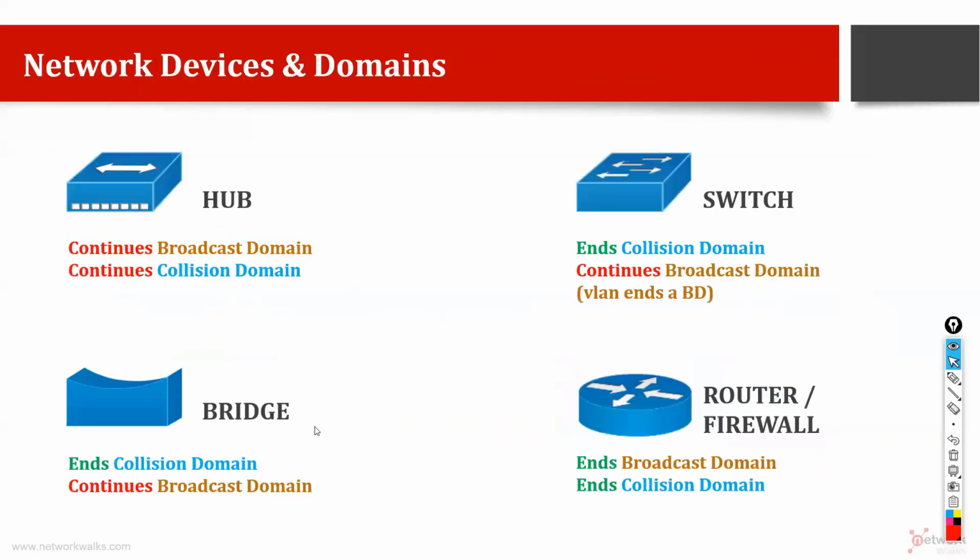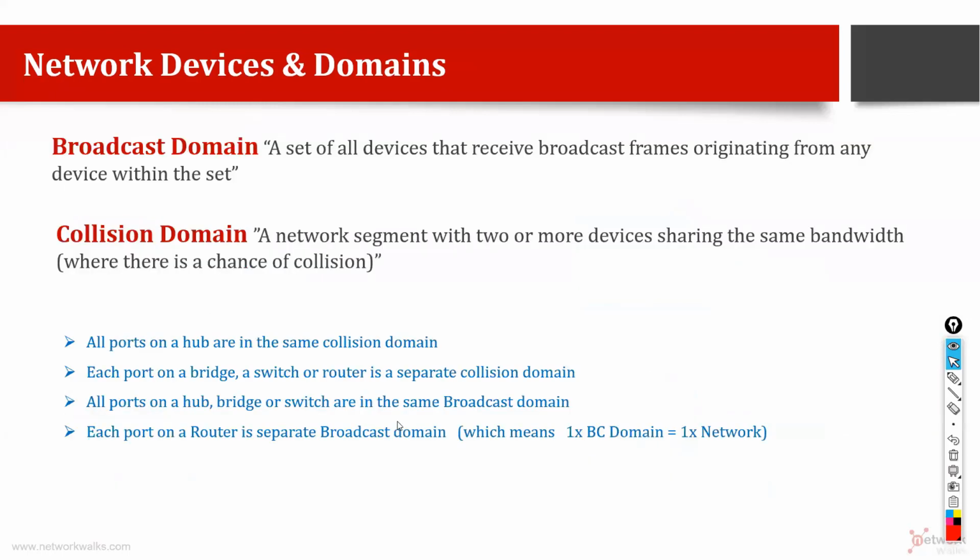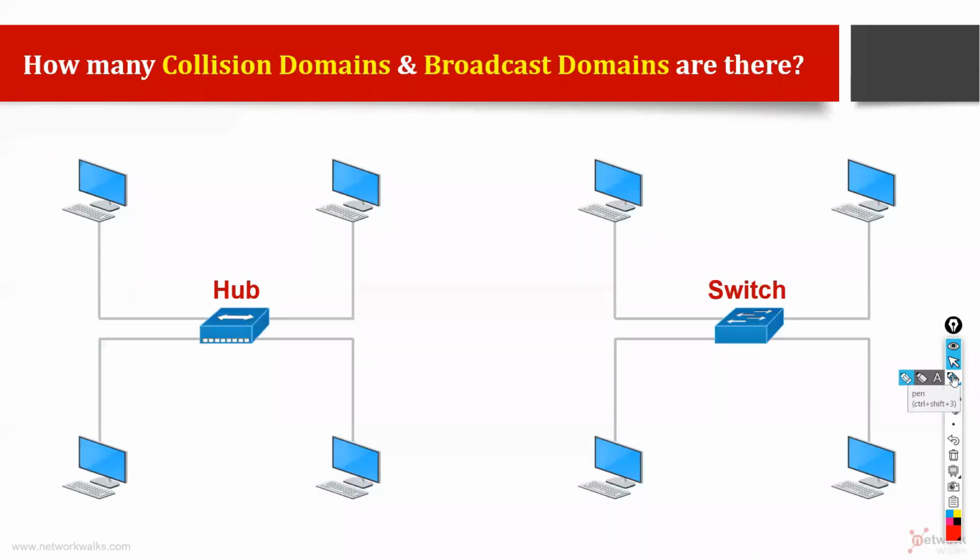Now there is another thing which is called as collision domain. Collision domain means a hub does not stop the collision domain. Collision domain means that what are the chances that a message is coming from here and another message can also come from here to go to this side. So what is the chance that they can cross?